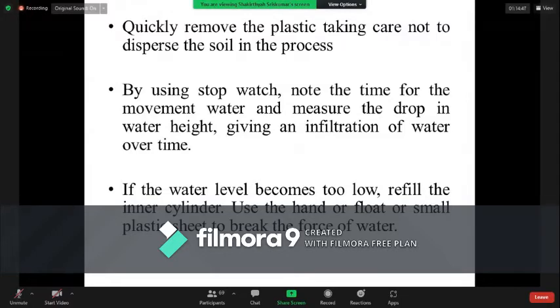And again, we can't place the plastic sheet on the bottom. So this time we need to use our hands or something like a float or plastic sheet to break the force of water. Once we are pouring the water, to reduce the force, we will use our hands or float.